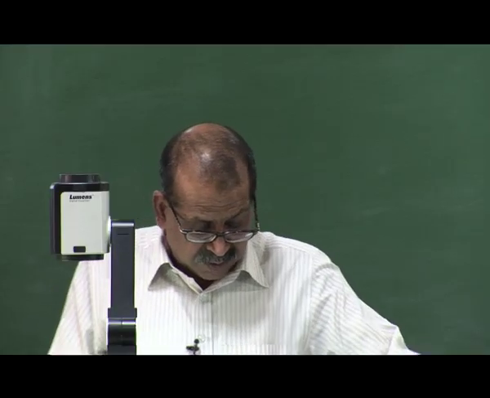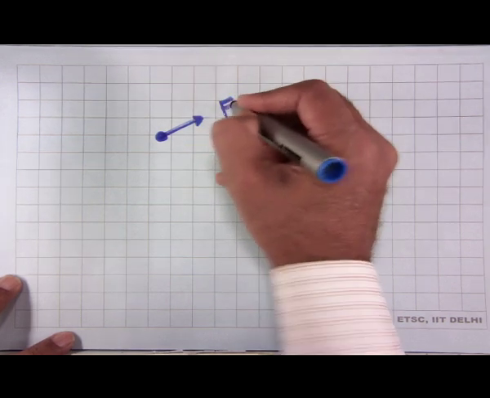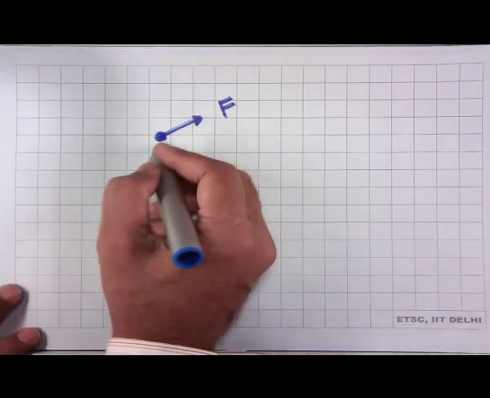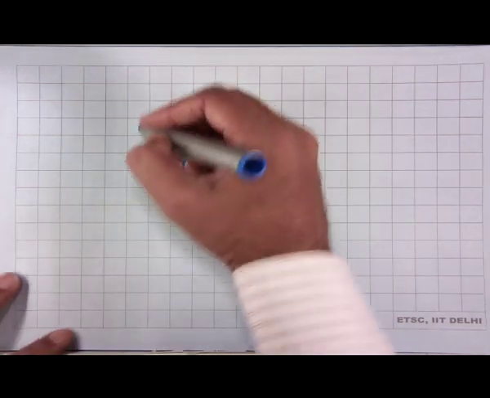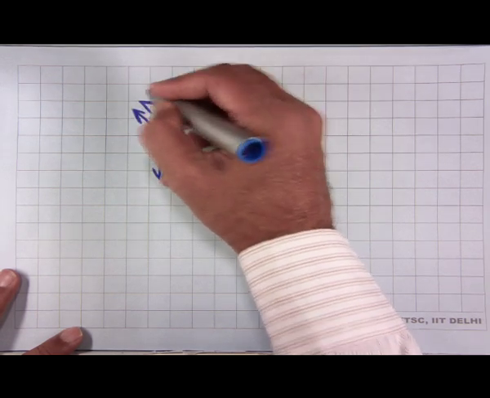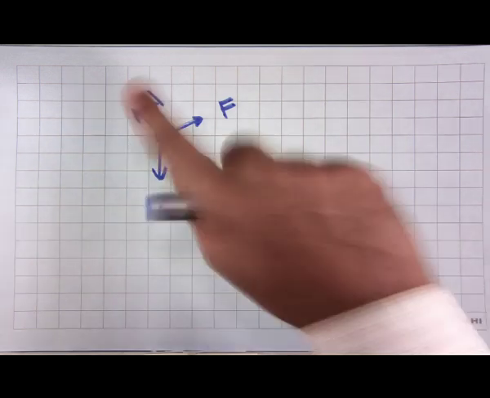Now, we draw the free body diagram of the block. We have the cable force F exerted here, we have the weight mg, and we have the normal reaction, the force exerted by the ground on the block.